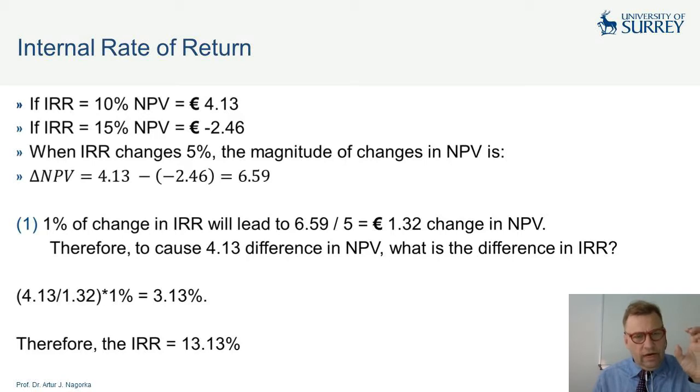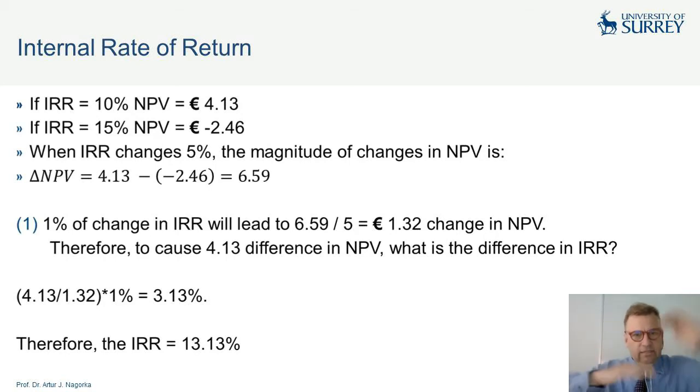When IRR changes by 5 percentage points, the change in NPV is 4.13 minus, in brackets, minus 2.46, equal 6.49.